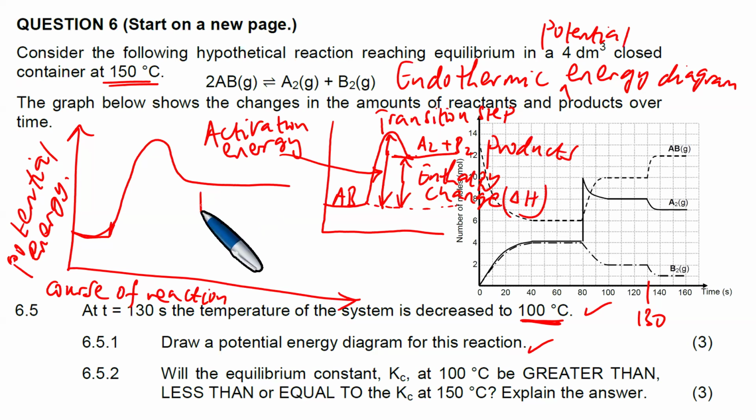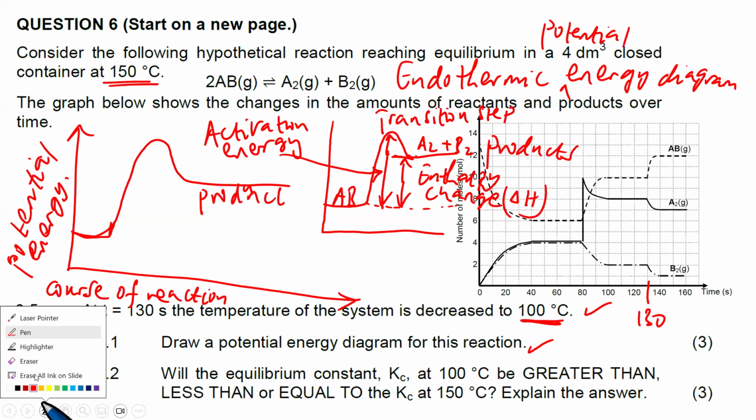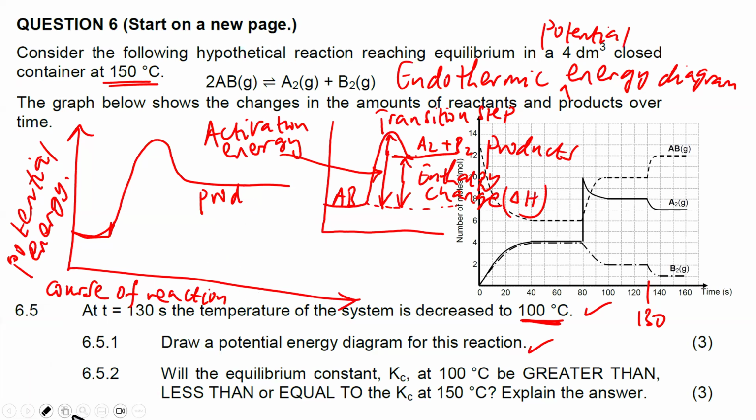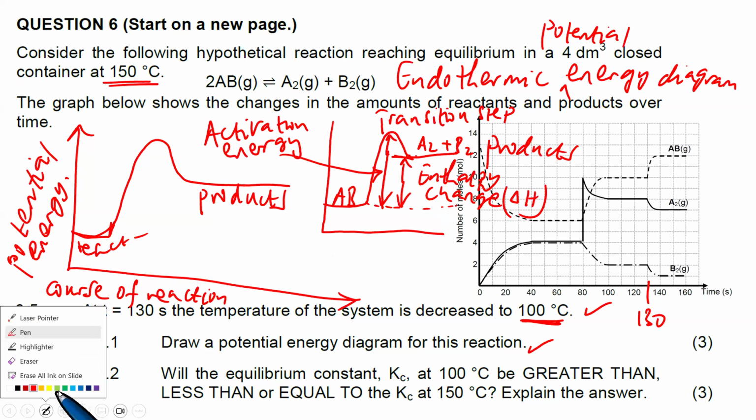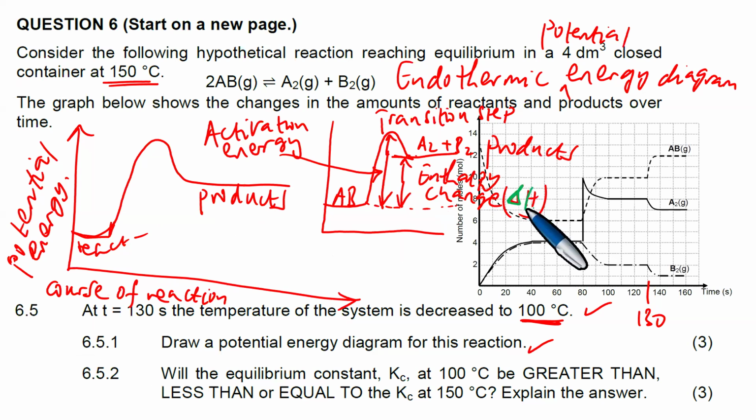This would be the products, and the reactants here, and the products there. The enthalpy change is delta H. And this becomes the reaction coordinate, and this becomes the energy.